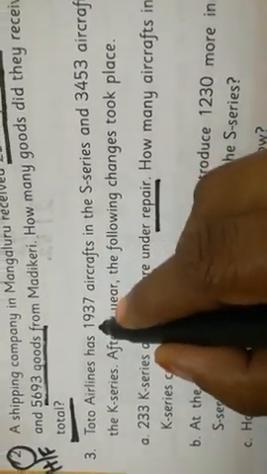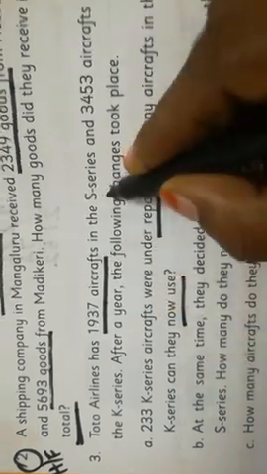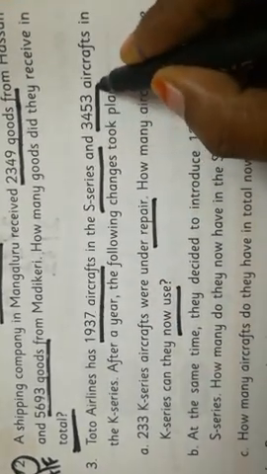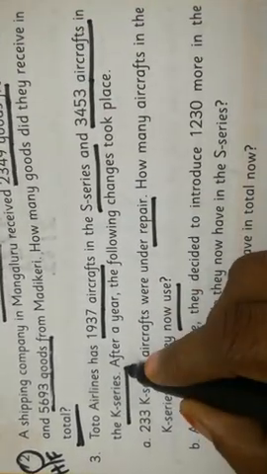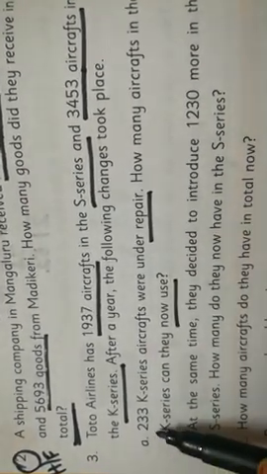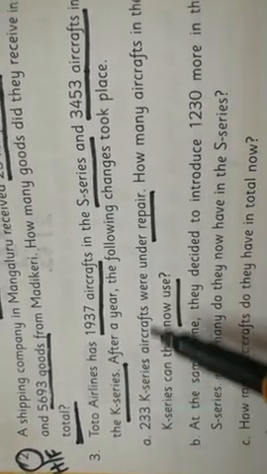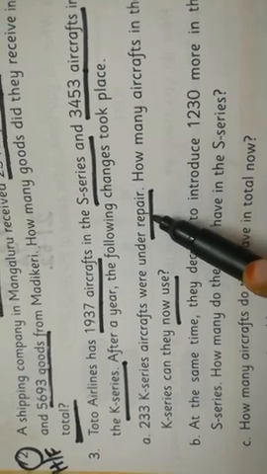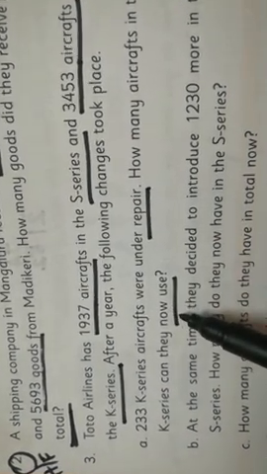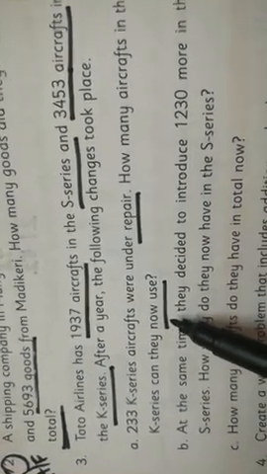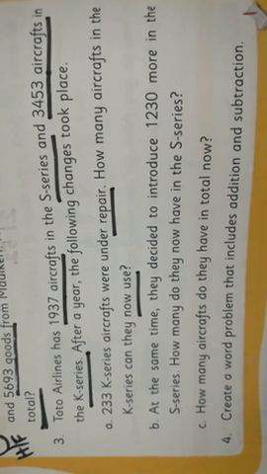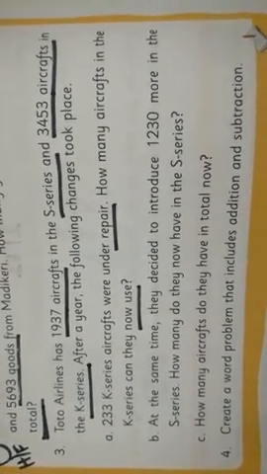First, 1,937 aircrafts in S series, 3,453 aircrafts in K series. After a year, 233 aircrafts were under repair. First, we have to find out how many aircrafts are in use. For that, you have to use the facts, operation, working, result. Like that, you have to write the answers.